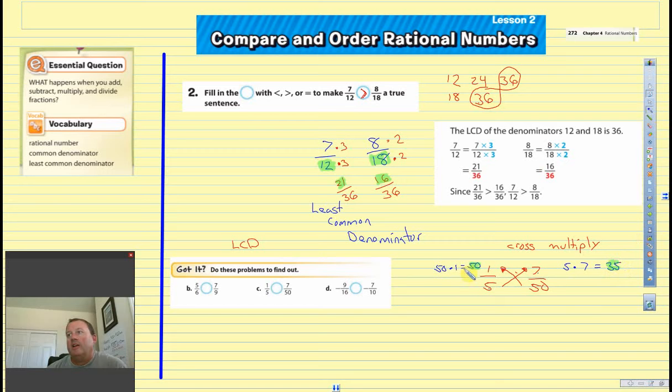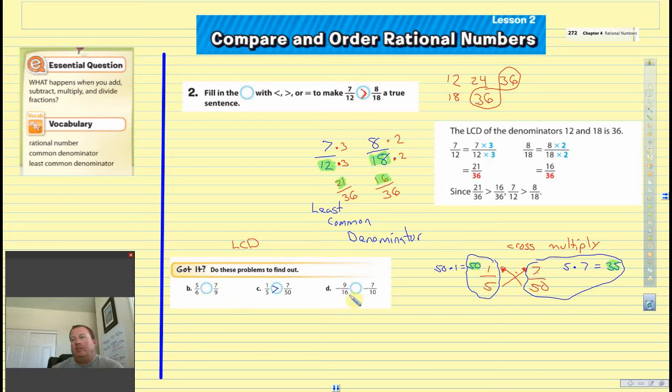Now you're looking at sides. This side includes the 50 and this side includes the 35. What's larger, 50 or 35? 50 is larger, so that means that 1/5 is greater than 7/50. Now you could have done that with the 6 times 7 and the 9 times 5.